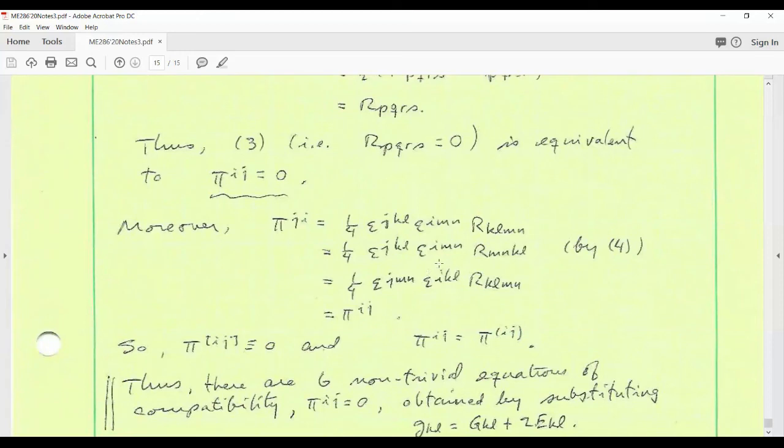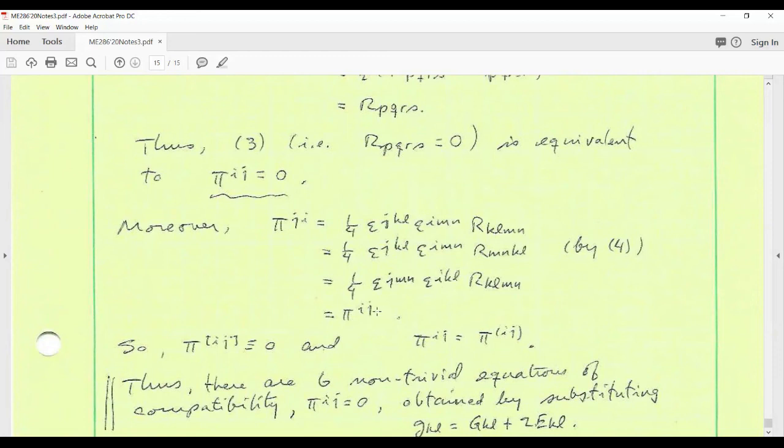I haven't changed anything. Wherever I see MN, I replace it by KL. I've changed nothing. So this now, pi ji, is the same as this. But if you look back at the definition of pi, I had an E super IKL in front, E super JMN in the back, but these are just conventional products, they commute.